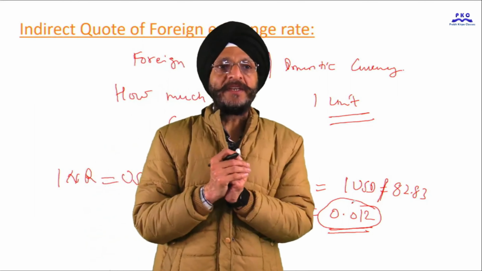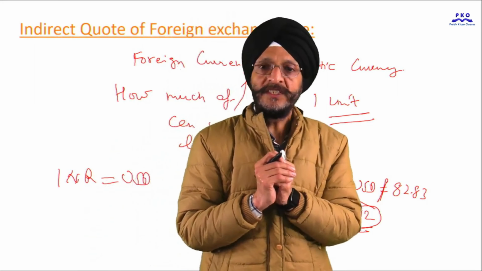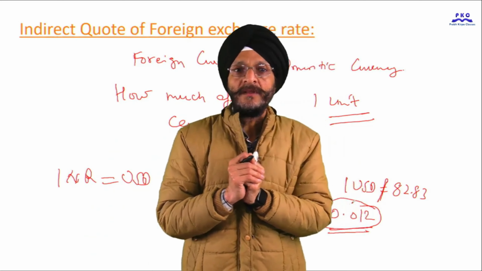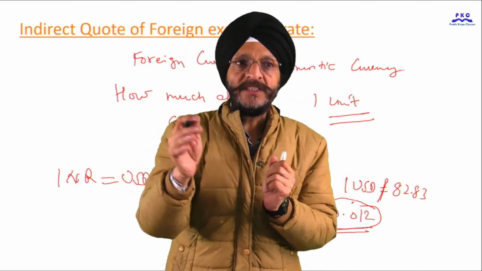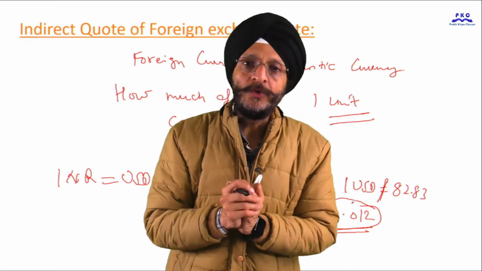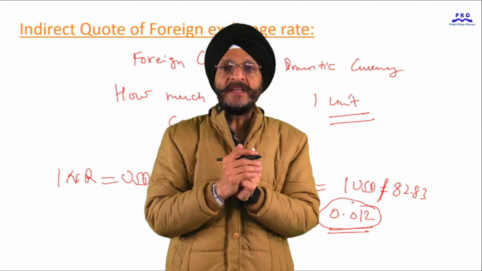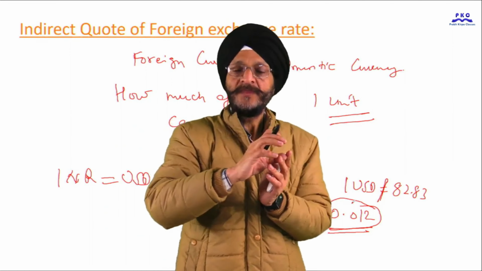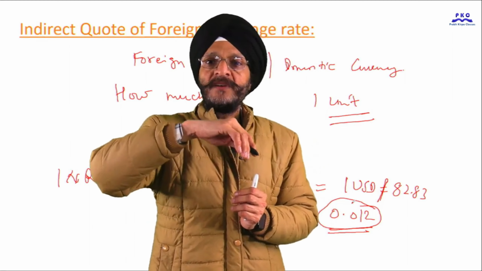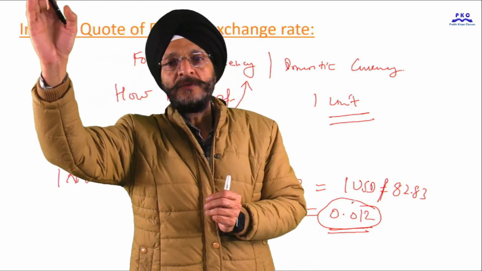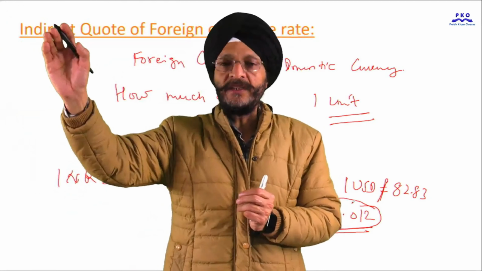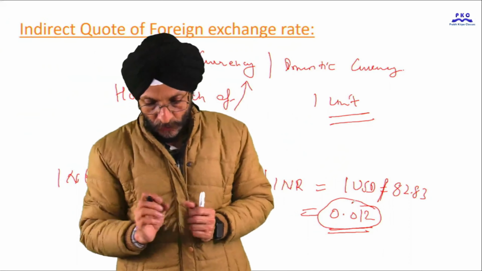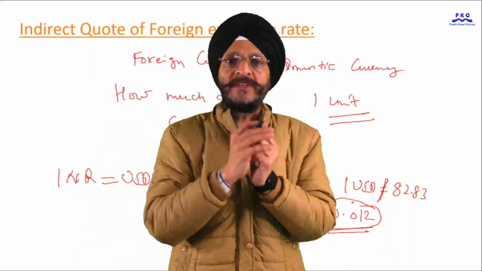In the foreign exchange market, when we are quoting exchange rates, we normally use the direct quote. That is, we will have to pay this much domestic currency to purchase 1 unit of foreign currency. Why do we use the direct quote?